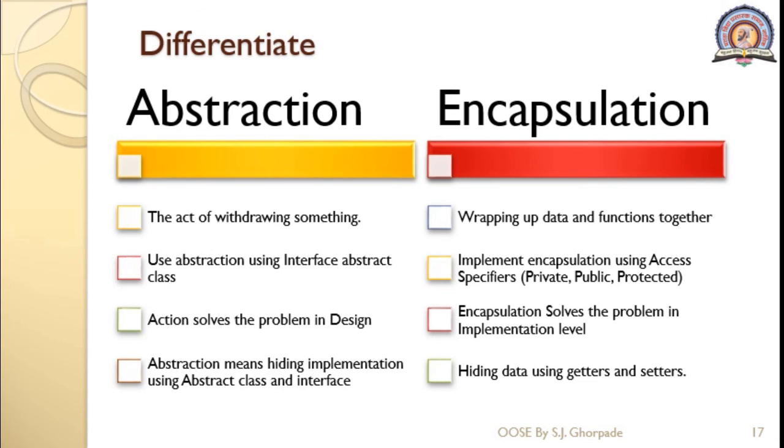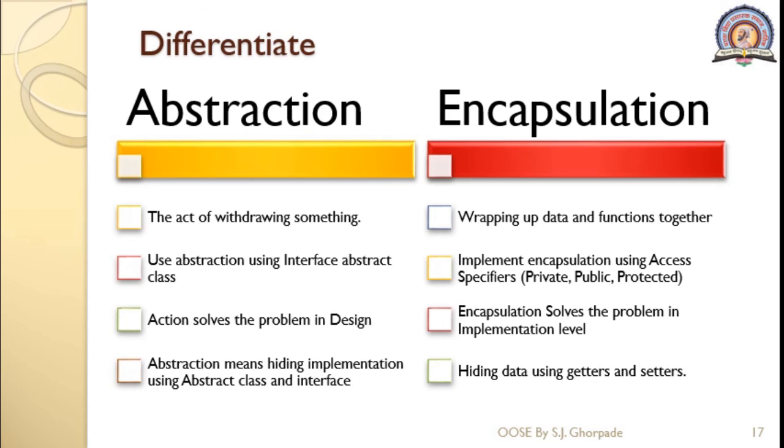Now here is the difference between abstraction and encapsulation. Abstraction is nothing but the act of withdrawing something from the design, and encapsulation is nothing but wrapping up of data and functions together. Abstraction is implemented at the interface level. As we design interfaces and abstract classes, we achieve this concept.